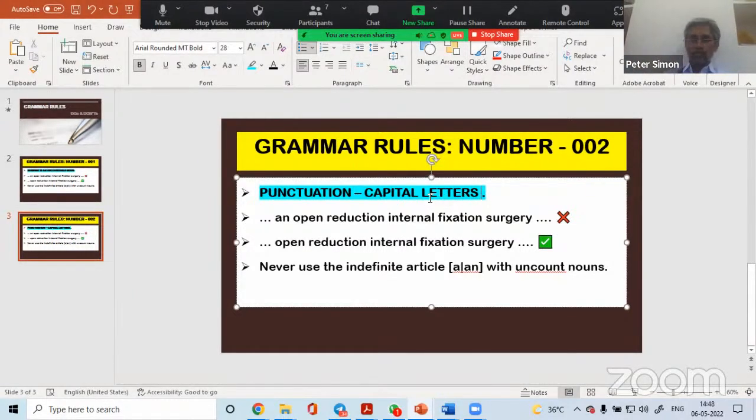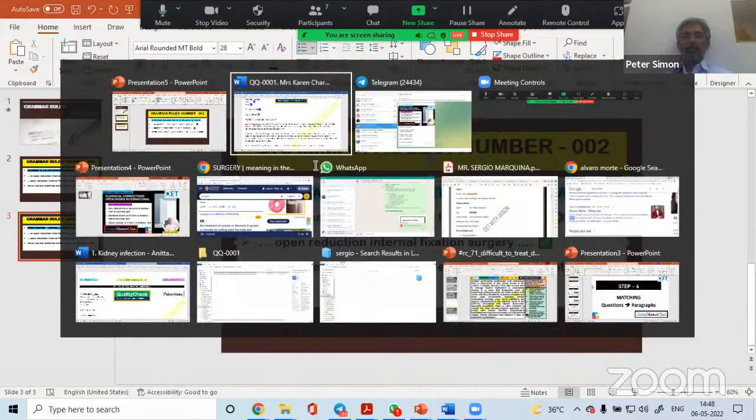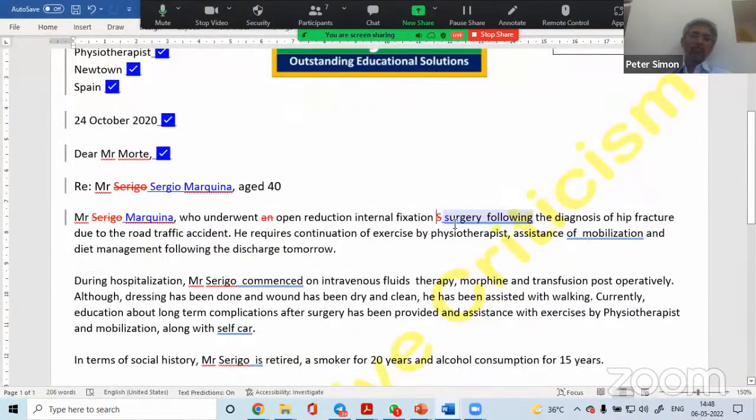Punctuation, capital letters, if necessary. Conditions apply. Otherwise, don't use them. So you put a capital letter on surgery. Why did you do that? That's the point. In the middle of a sentence, never put capital letters.